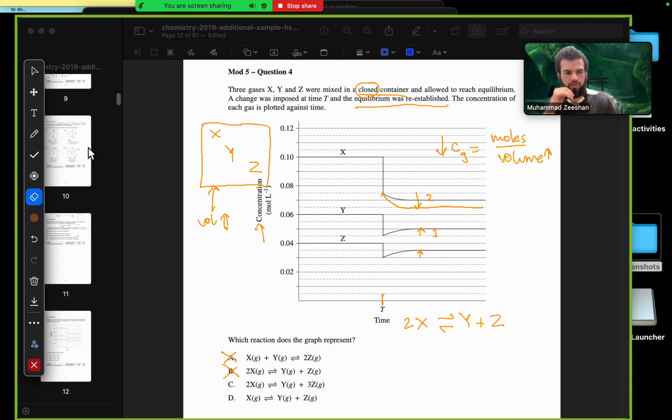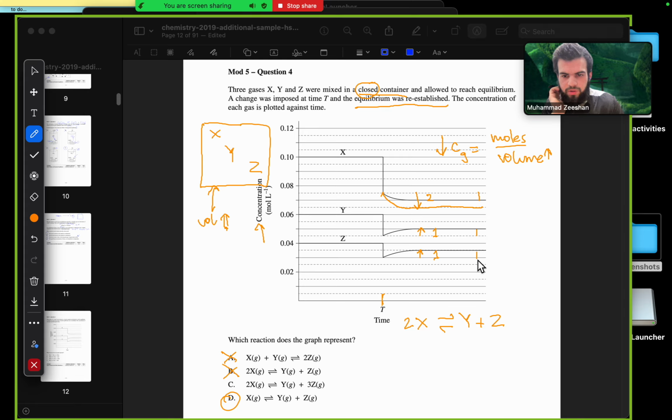It's counterintuitive, but it's possible. So the answer is D, because these are happening in 1-to-1 ratios.